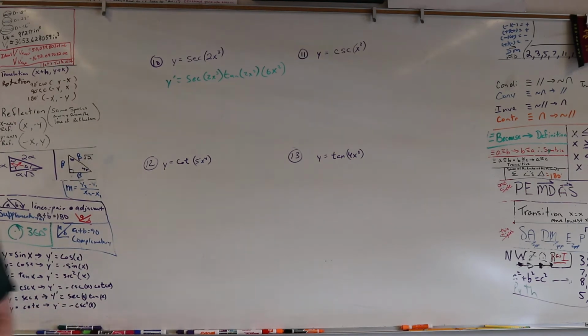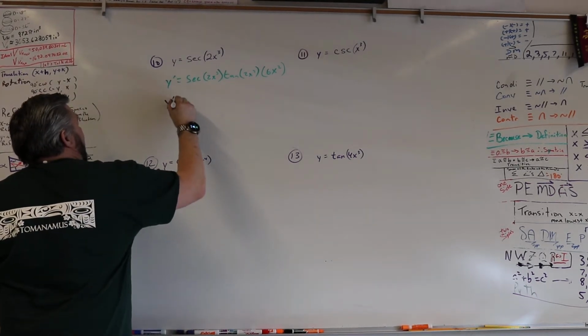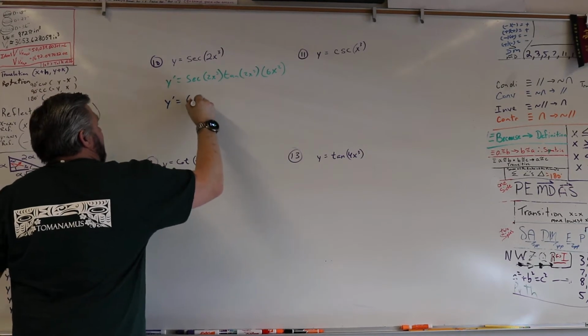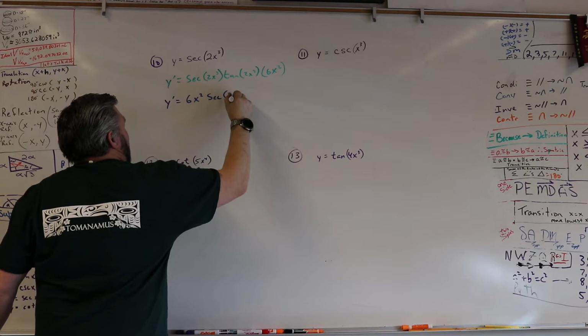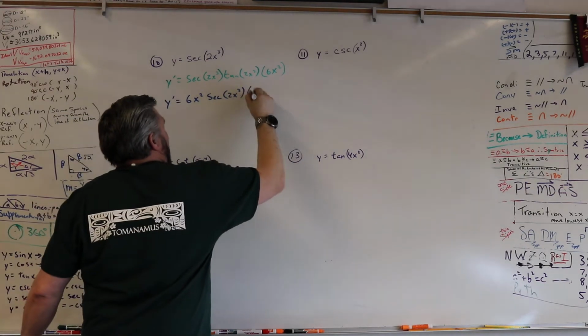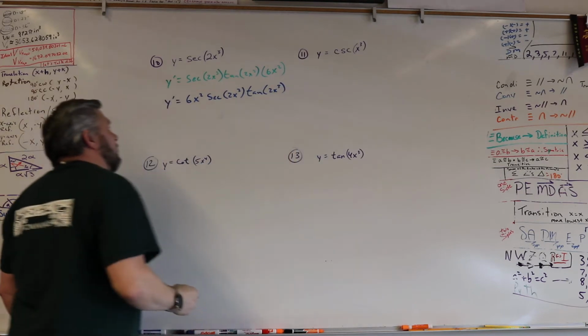And so then we just move that 6x squared to the front. We should be good to go, right? Okay, so the answer is y prime is equal to 6x squared secant 2x cubed times tangent 2x cubed. That's it.